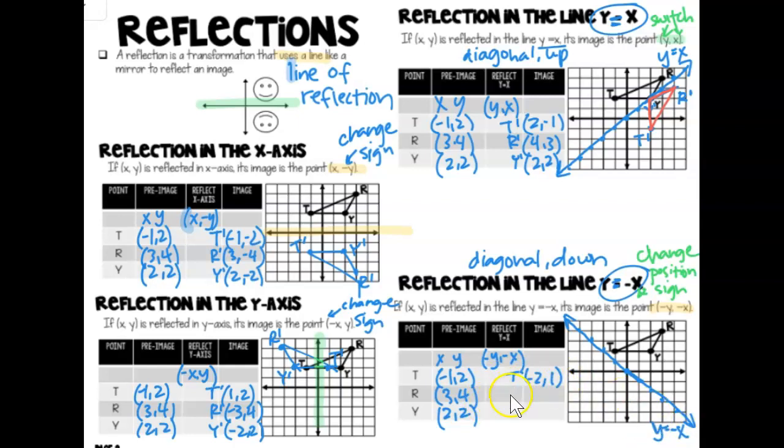So I'm just going to keep doing that all the way down. So y, change the sign, x, change the sign. So I end up at (-2, 1), there, (-4, -3), there, and (-2, -2).